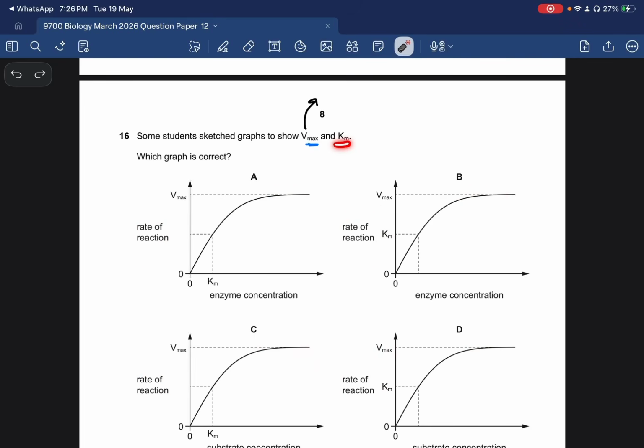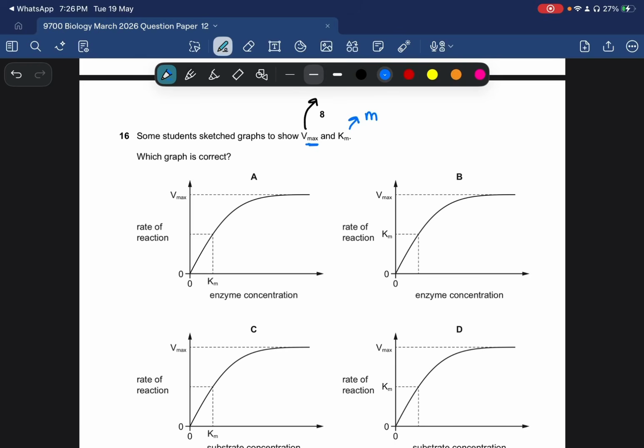Okay. What's Km? Km stands for Michaelis. Excuse my spelling because I have absolutely no idea. But yeah, Michaelis, I'm very weak with spellings. Michaelis Menten constant. What is this Michaelis Menten constant? This is a constant which tells you how much substrate, this is important.